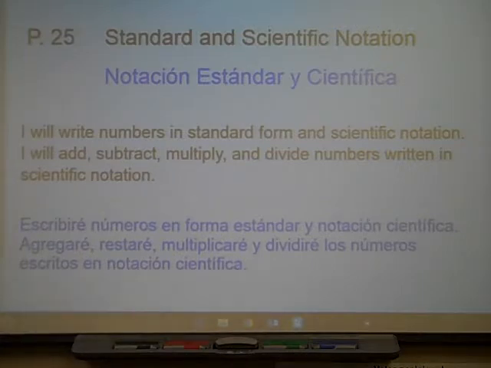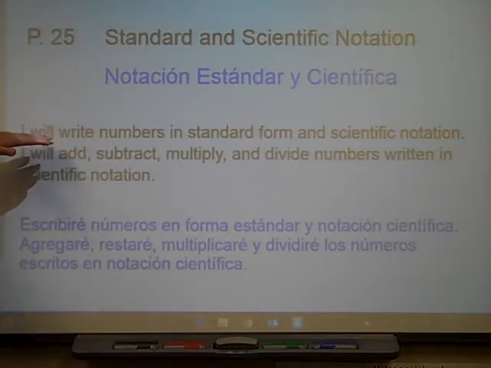And then our goal, and what we will be doing in this unit, says this: I will write numbers in standard form and scientific notation. I will add, subtract, multiply, and divide numbers written in scientific notation. Okay.